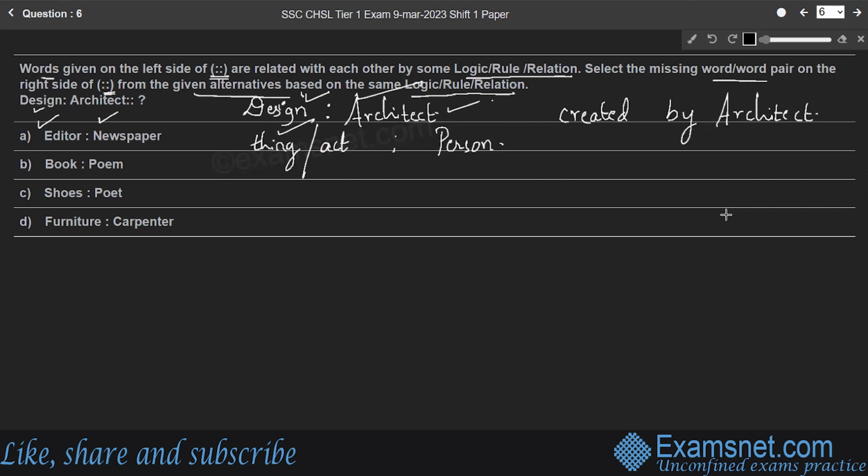Here look at option D, furniture. Furniture is a thing, right? So furniture is created by carpenter, a person, right? Therefore, option D is the right answer, right? Which follows the same rule. Here the first word is a thing or an act which is created by the second word, who is a person, right? Therefore, option D is the right answer.